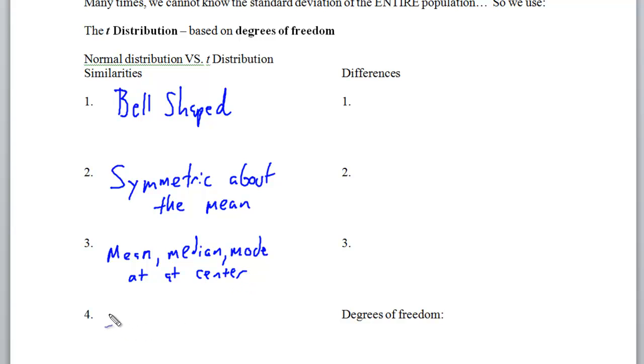And they're symmetric around the center, and the mean is considered the 0 point because it is 0 standard deviations away from itself. And the fourth similarity is that the t curves or the normal distribution curves never touch the x-axis.